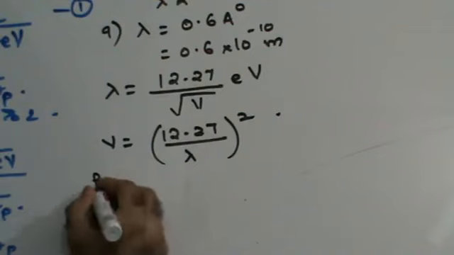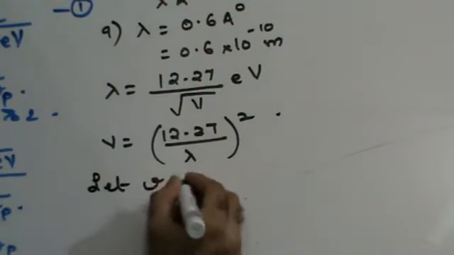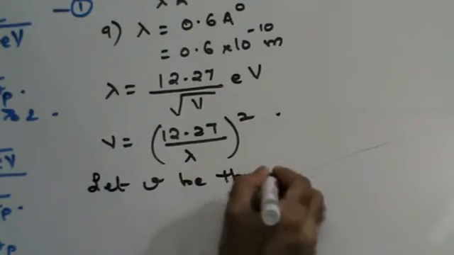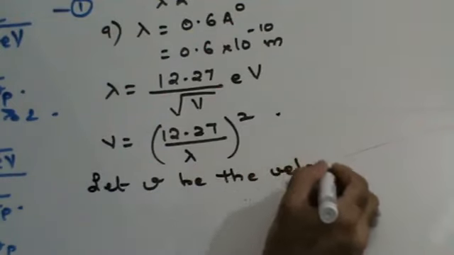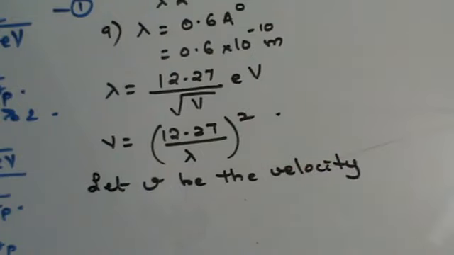Next, let us assume, let v be the velocity of the particle. What about eV? That's just the unit I've written.